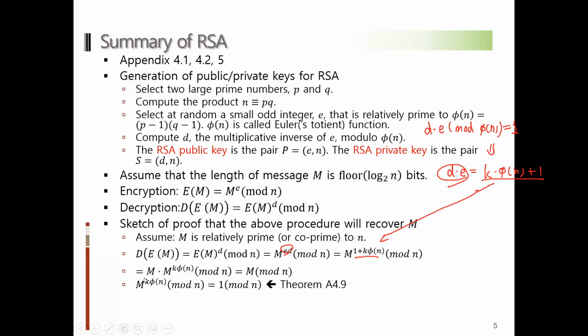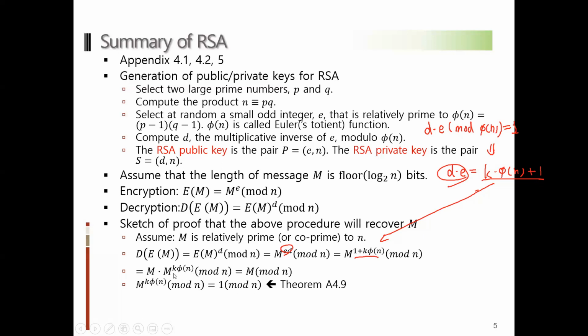Now this can be split into the product of these two. If you look at theorem A.4.9 in the textbook, there is a proof that if you calculate the power of this message to the Euler's totient function and then calculate mod N, the value will always be 1.